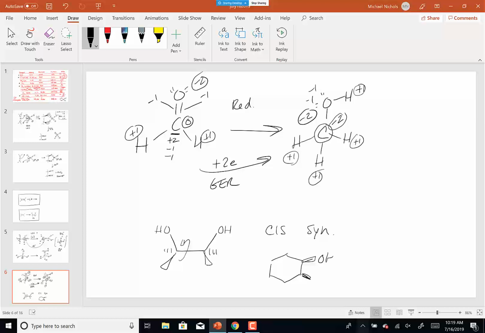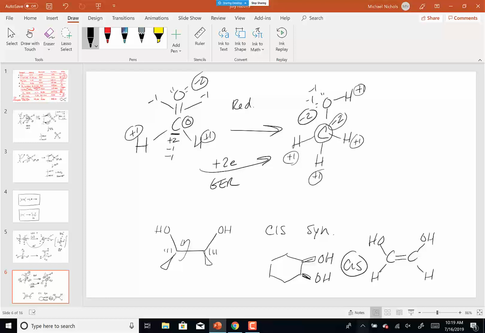Saying that the two OH groups are cis in a cyclic system or in a carbon-carbon double bond where there is no rotational possibility, then cis would be the appropriate term. Saying those two OHs are cis because they're always going to be cis because I have nothing to rotate.